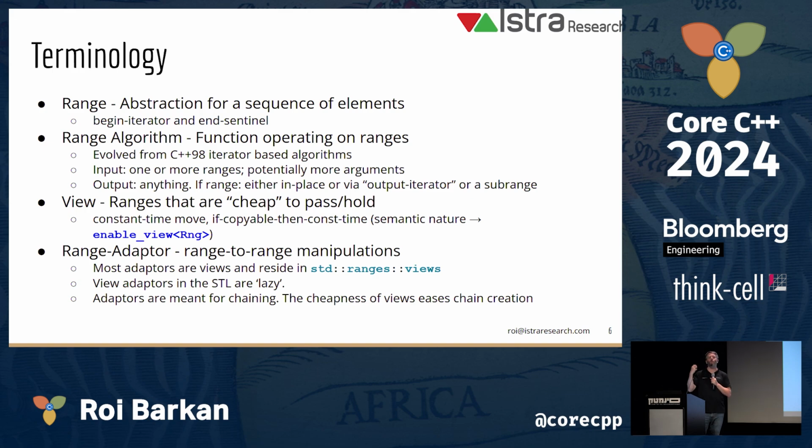When I take a range and apply an adapter on it, the act of creating the adapter doesn't do any meaningful work. It's when I use the adapter, typically as a view, to iterate through its elements, and as I iterate from beginning to end, that's when the actual work of the adapter takes place, and we'll see an example in the next slide.